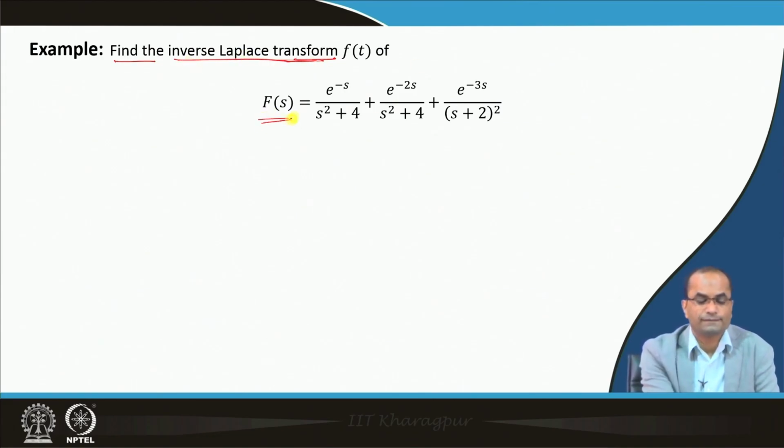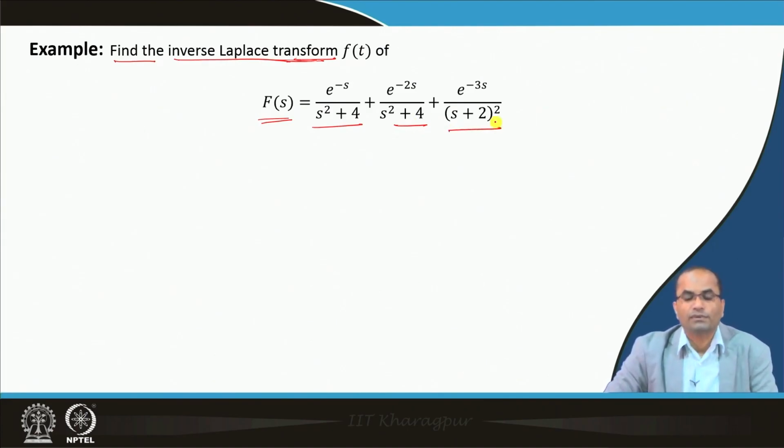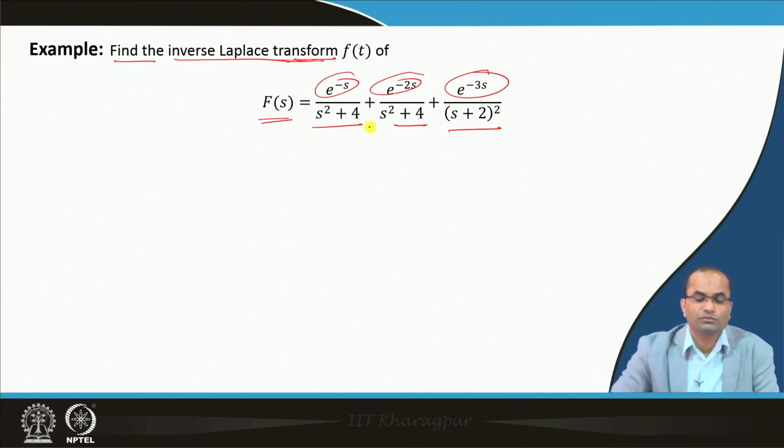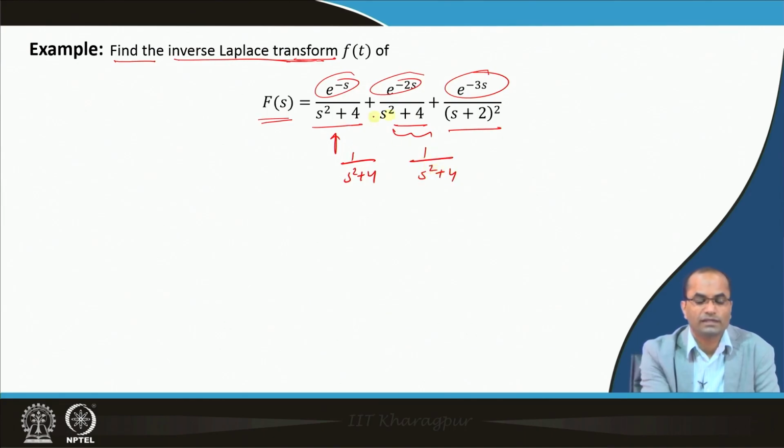We have F(s) = e^(-s)/(s²+4), e^(-2s)/(s²+4), and e^(-3s)/(s+2)². Because e^(-s), e^(-2s), or e^(-3s) appears in the multiplication, we just get the Laplace inverse of 1/(s²+4) in the first two cases, but the shift is different, and in the third we have 1/(s+2)².